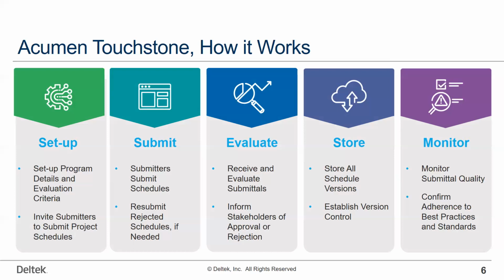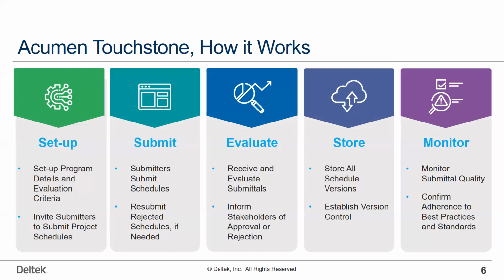When submitted, the schedule file is scored based upon those metrics, and then either rejected or accepted based upon whatever minimum score you determine. The schedule is then stored for archival purposes. This allows you to have that history, and it also allows you to monitor adherence to the best practices and standards that you've defined via those metrics over the life of the project or the life of the program.